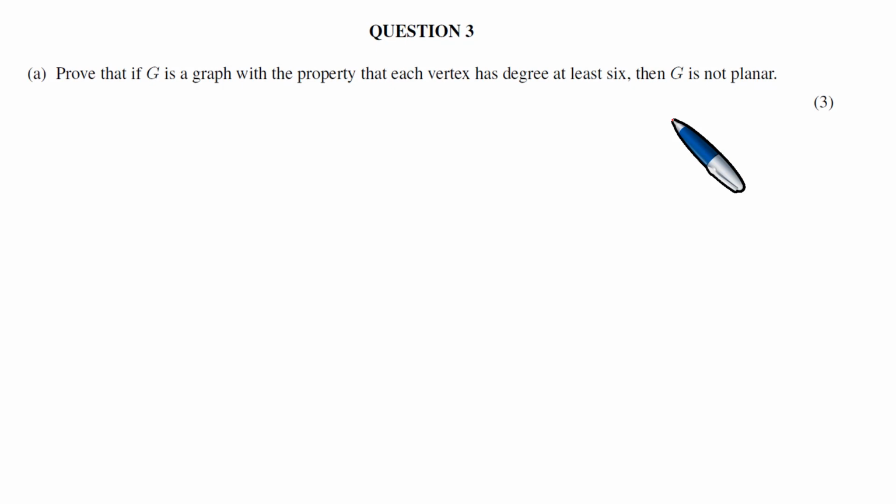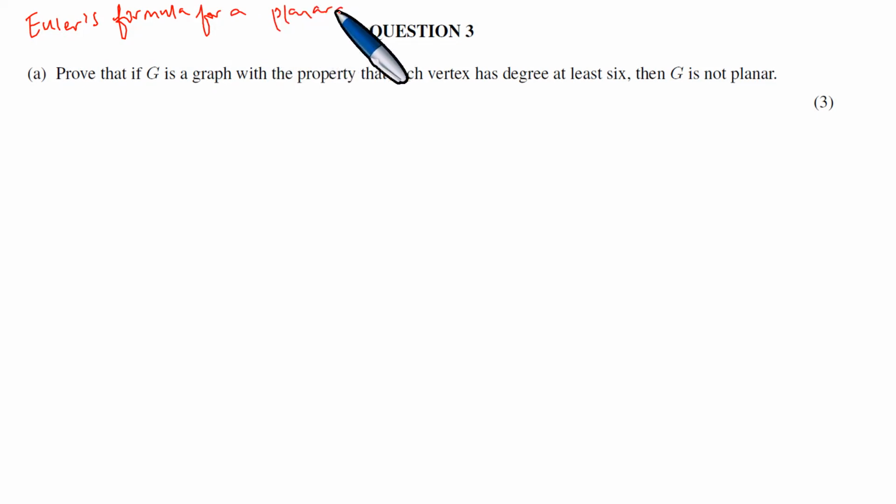We use Euler's formula for a planar graph, where the number of edges is less than or equal to 3 times the number of vertices minus 6, for a planar graph.